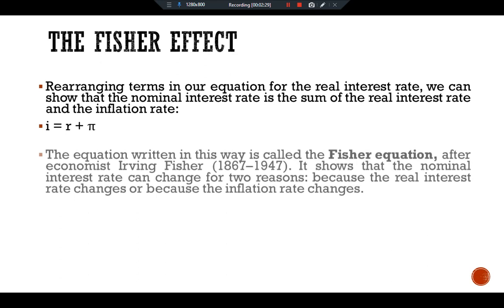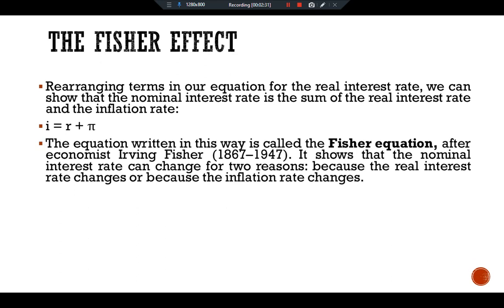This equation written in this way is called the Fisher equation, after the economist Irving Fisher, whose lifespan was from 1867 to 1947. It shows the nominal interest rate can change for two reasons: because the real interest rate changes or because the inflation rate changes.